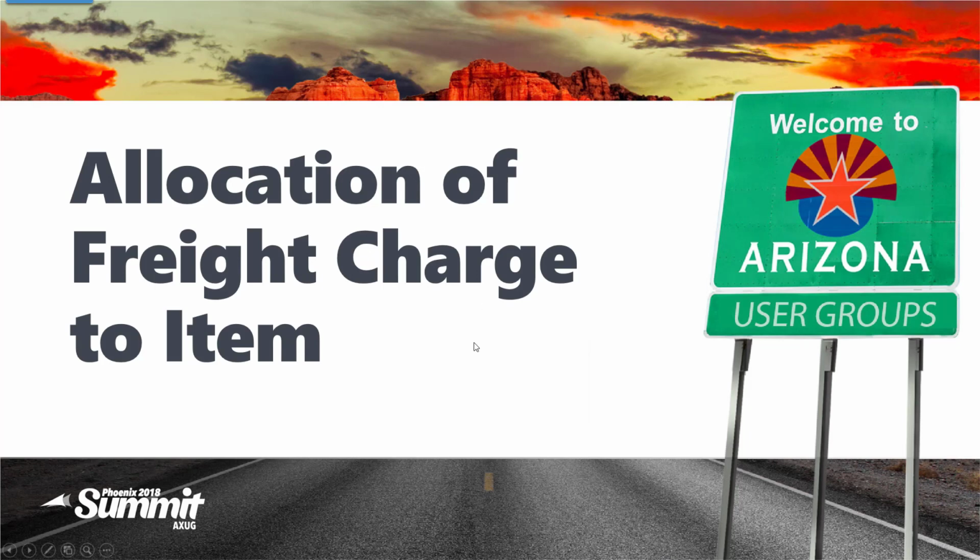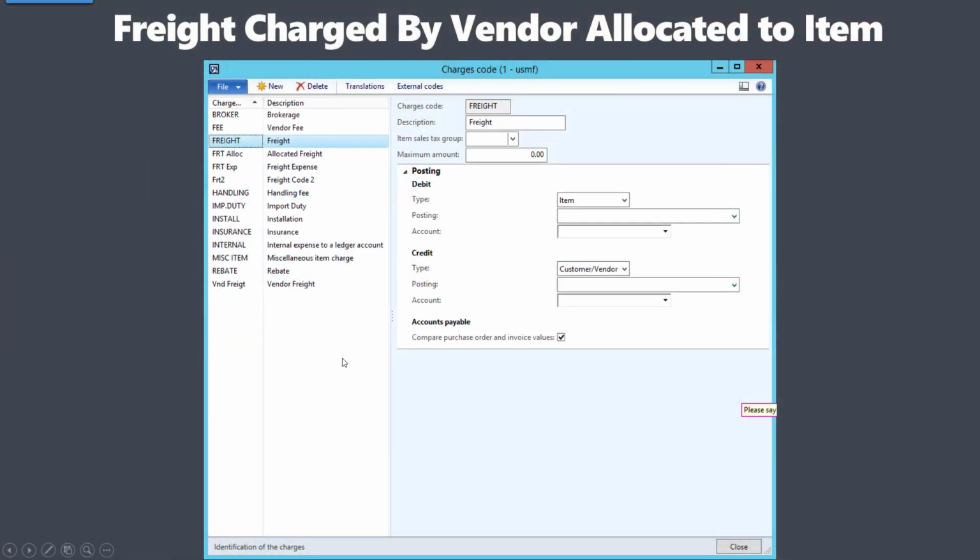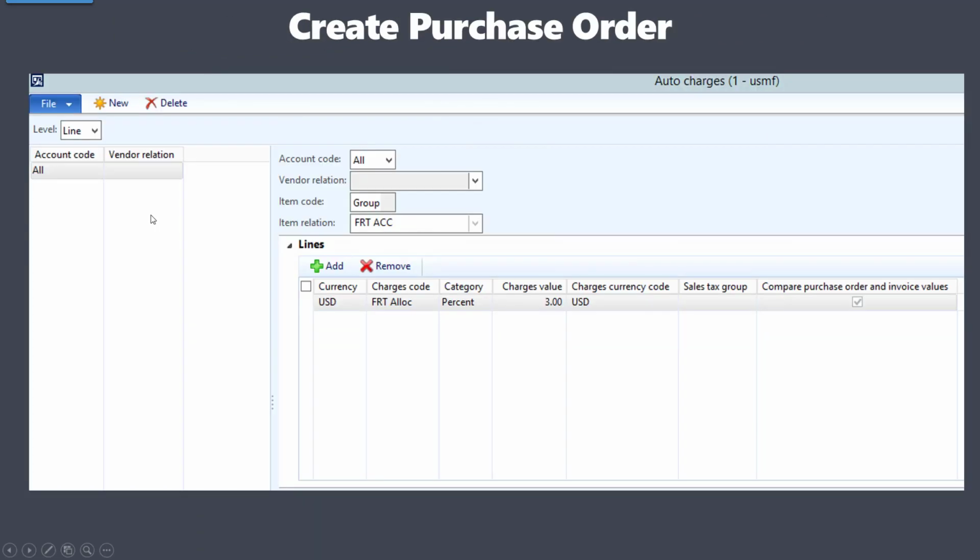So now we're going to go through and look at the allocation of freight charges to an item, so we get a better idea of how that looks. So here we're looking at freight, and we're looking at an item in the customer vendor side.